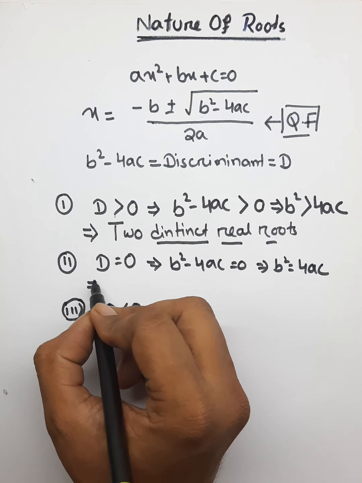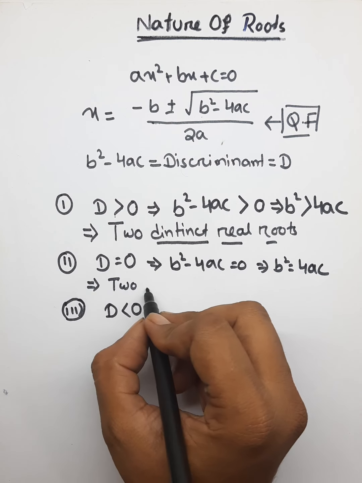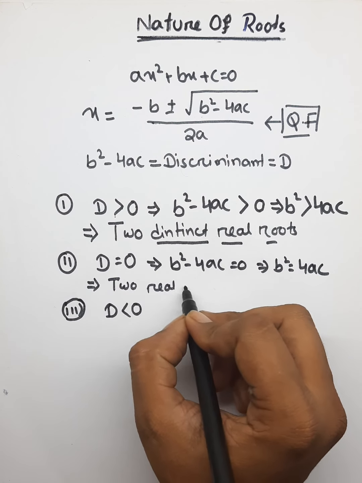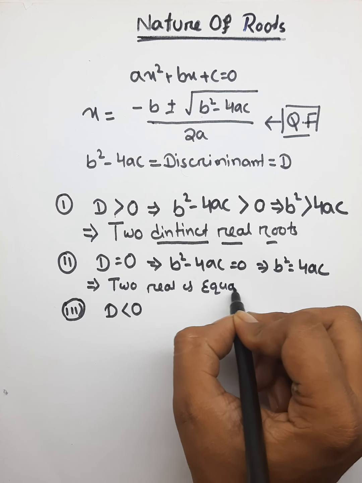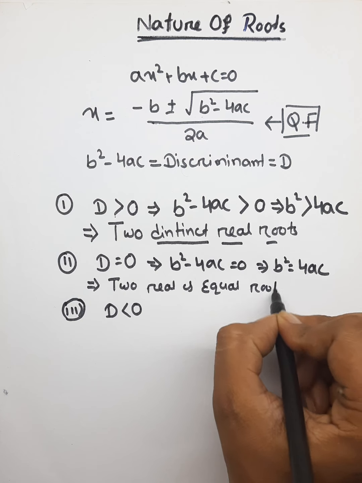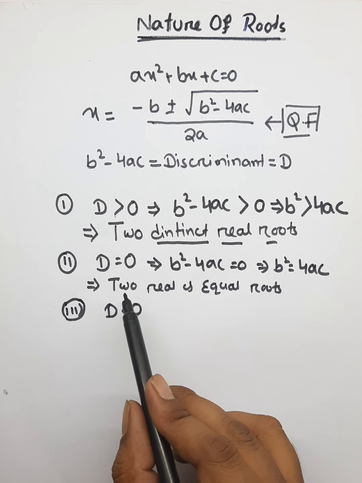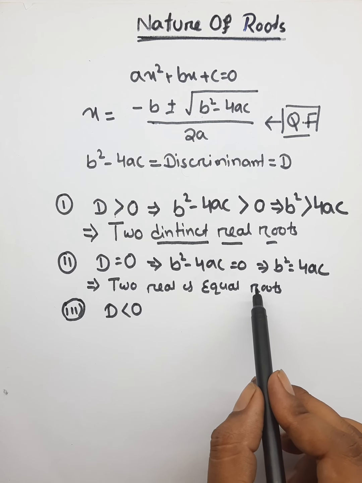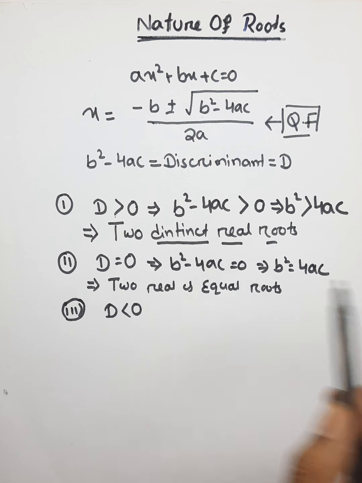So we can write two real and equal roots. We will get two roots which are real as well as equal.